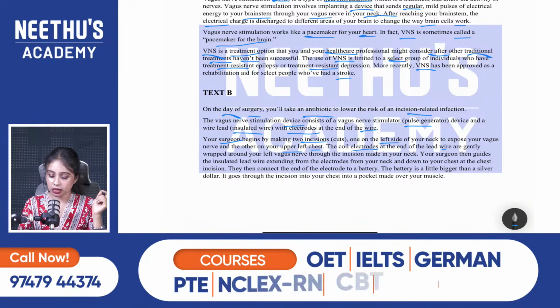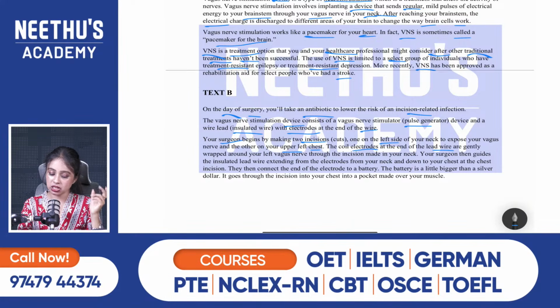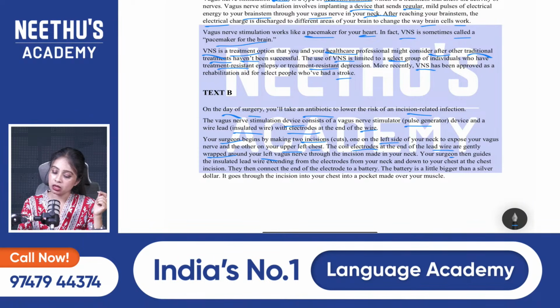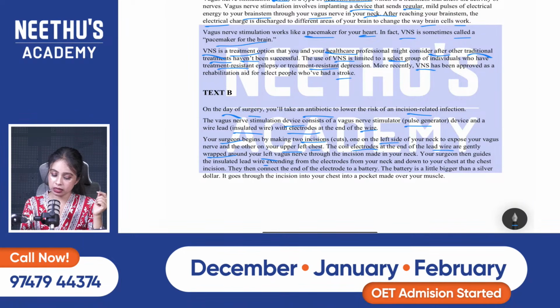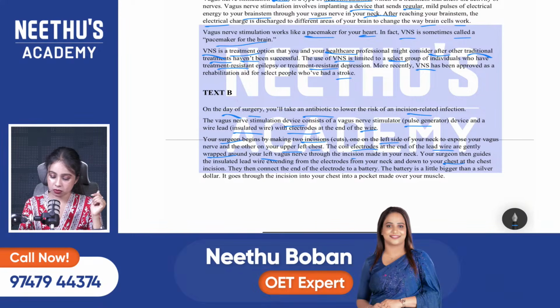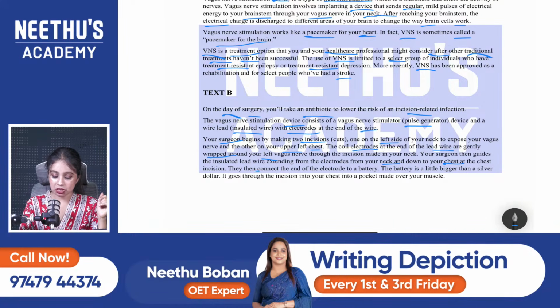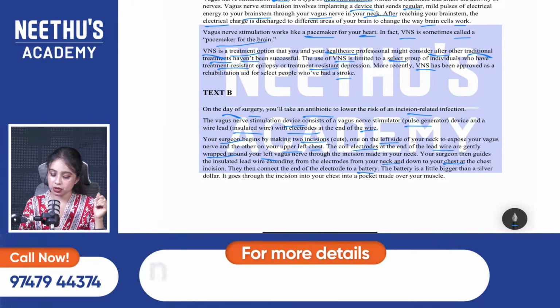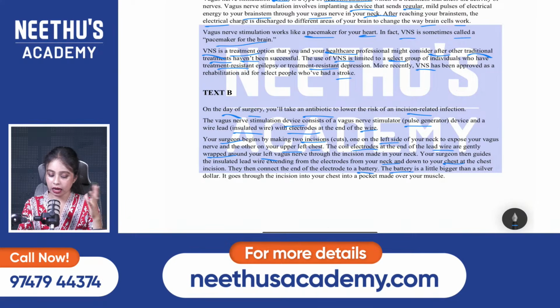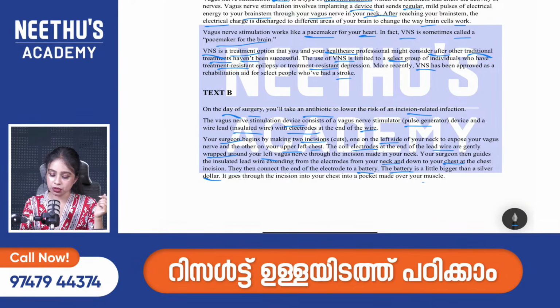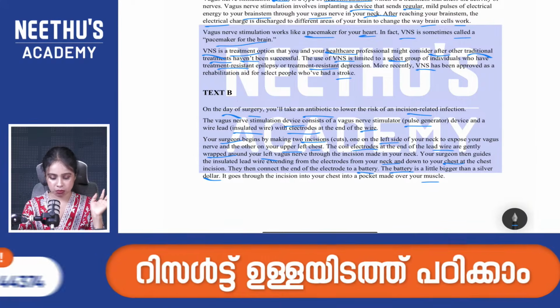The coil electrodes at the end of the lead wire are gently wrapped around your left vagus nerve through the incision made in your neck. Your surgeon then guides the insulated lead wire extending from the electrodes from your neck down to your chest. Then, because all the body parts are important, chest incision. Then they connect the end of the electrode to the battery. The battery is a little bigger than a silver dollar. It goes through the incision into your chest, into a pocket made over your muscle. So these are my keywords from B.